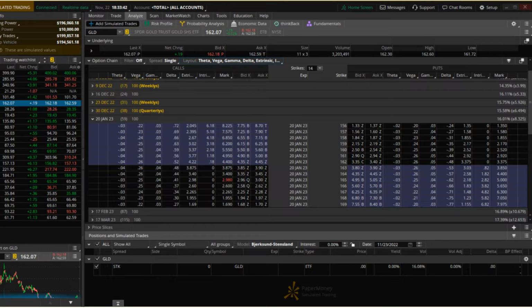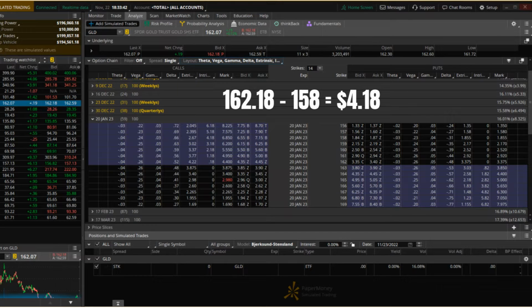The intrinsic value of the option is the difference between the underlying and the strike based off the current bid price. Since the current bid price is at 162.18, the intrinsic value is 162.18 minus 158, which equals 4.18.